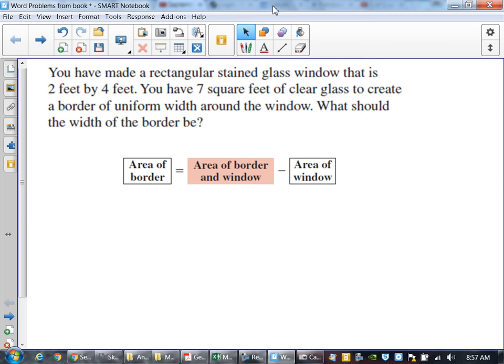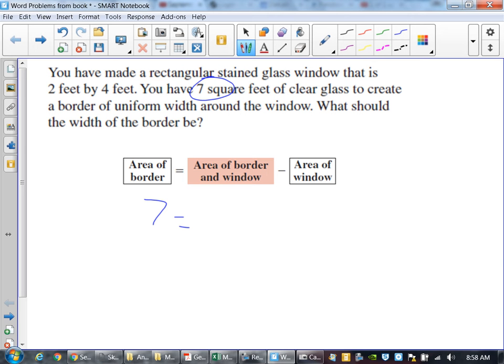The area of the border is going to be the area of the border and the window, and subtract out the area of the window, and that's kind of where you're going. Since you know that your border is 7, we are given that the area of the border is 7, which is going to equal the area of the border and the window.